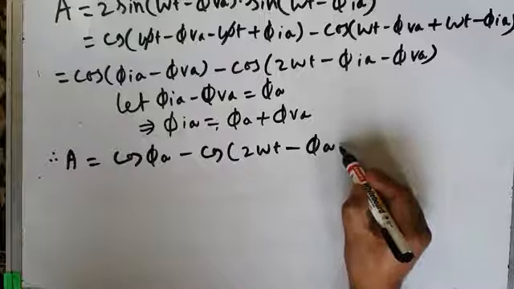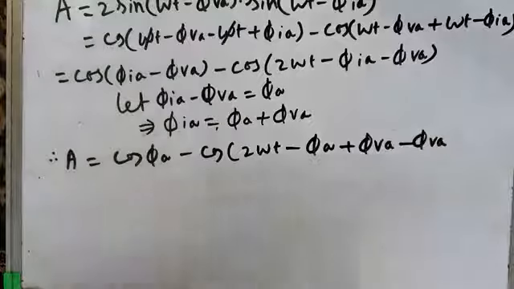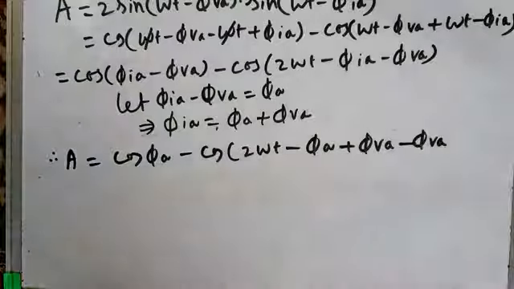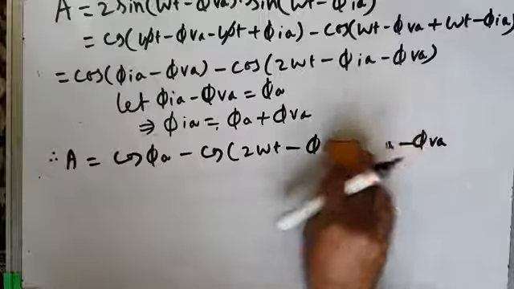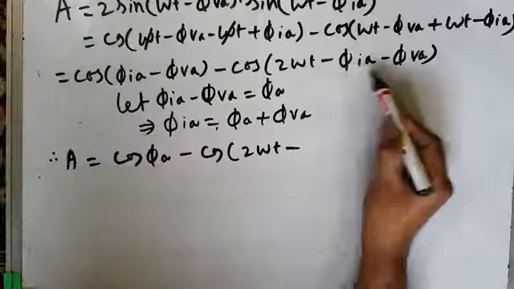So this is 2 omega t minus phi A minus phi VA minus phi VA. Okay, fine. So it is cos of 2 omega t minus phi A minus 2 phi VA.